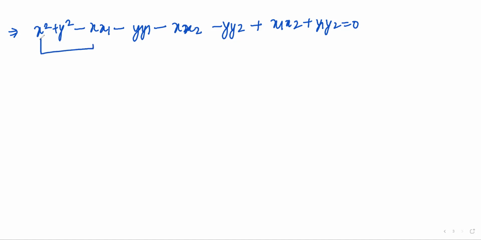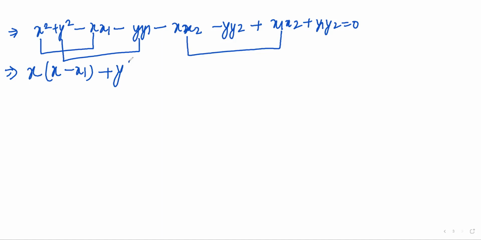So take common x from here and take x2 common from here. So what will be common? So it is x minus x1. Now take y common from these two. So it is y into y minus y1. Again I am taking the next part common, and this will be plus x2 into x minus x1.